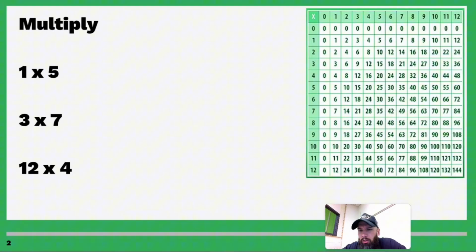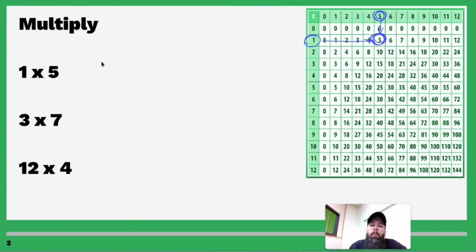Now, what does it mean to do 1 times 5? If we're going to use a multiplication table, we choose one of the ones, and one of the 5s, and then we line things up. You line that 1 up with the 5, and that gets you 5.